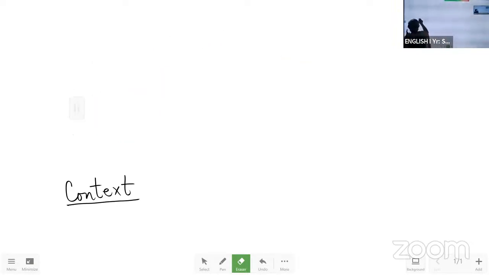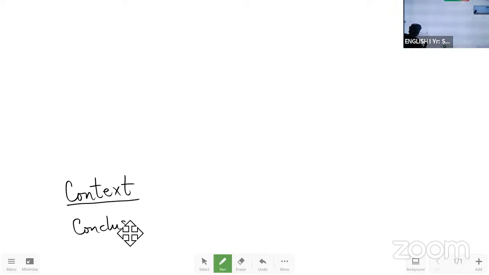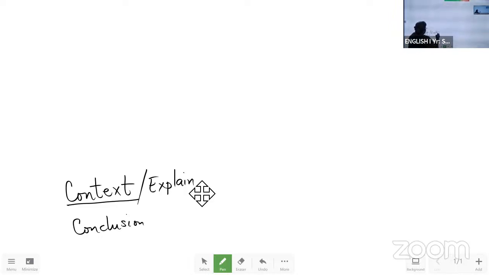First is the reference, next is the context, and last you can write conclusion. Instead of context, you can write explanation. But another thing I have noticed, many children, when you write explain, there is an I. But when you write explanation, there is no I. Spelling error is frequently made, children.